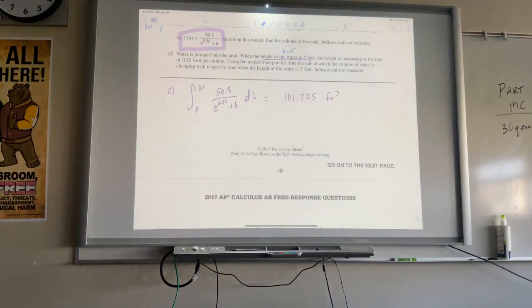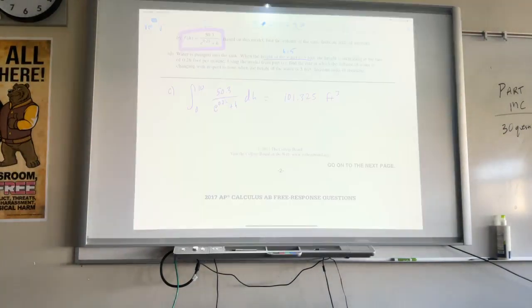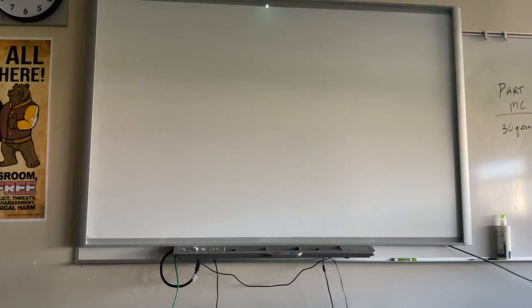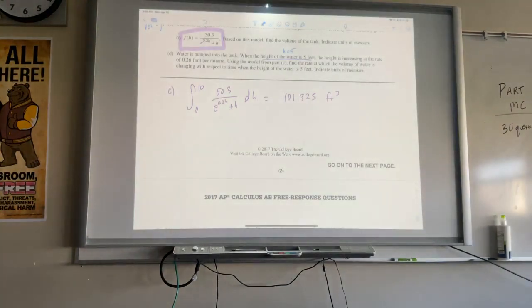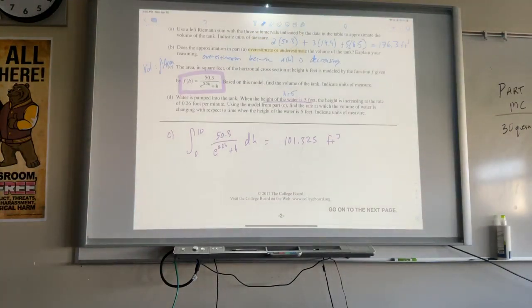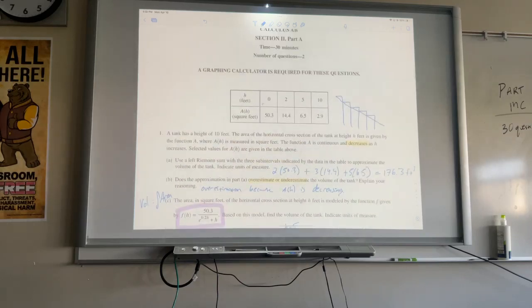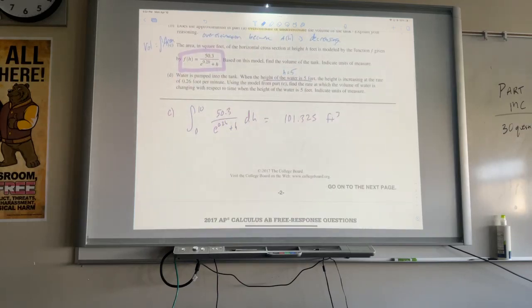By the way, did anybody actually get an answer on this? Can you explain C again? C is just an integral, the integral from 0 to 10. But how do you know it was 0 to 10?